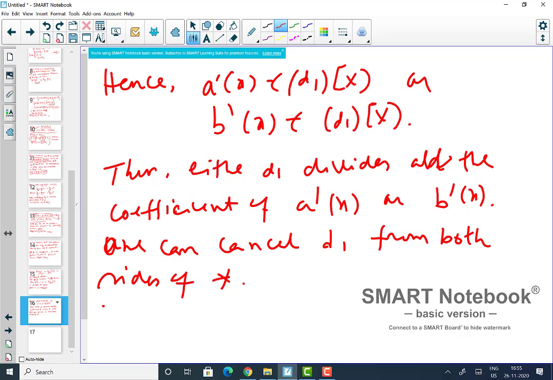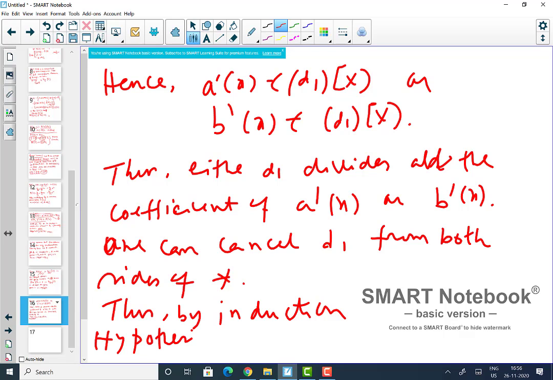So thus by induction hypothesis we have the result. Right, induction tells you that you can also write it down into small terms, like a product of elements from R[x]. So this is actually the proof.